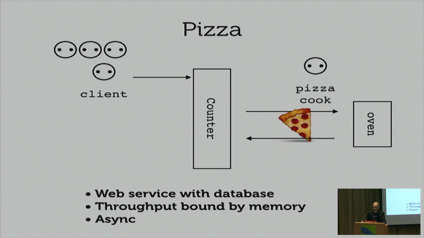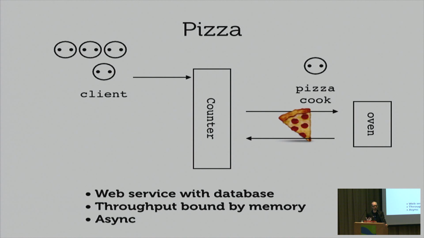So this is like a web service with a database. The clients arrive, the web service makes database queries, and then it waits for those queries to come back from the database. It's not spending most of its time doing computation. It's spending most of its time waiting for the database.